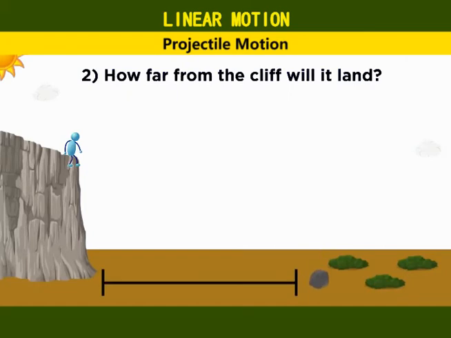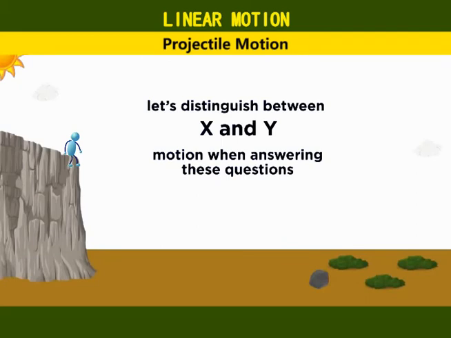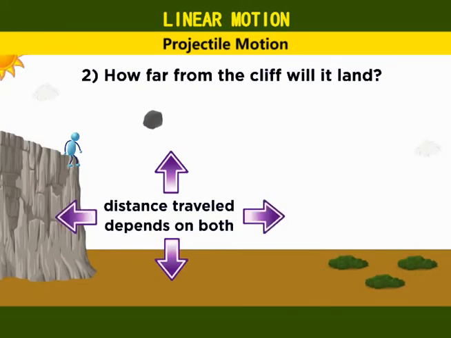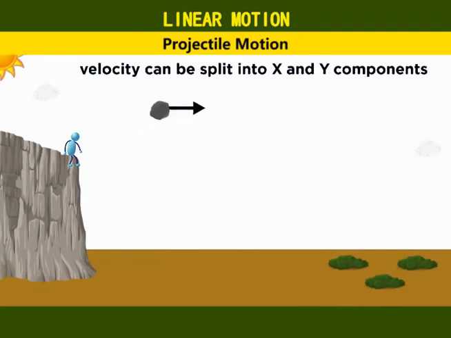Let us first distinguish between the vertical and the horizontal motions. The time of flight only depends on the vertical motion, no matter what the horizontal velocity is. The range depends only on the horizontal velocity and the time it spends in the air. And the velocity at any moment can also be split into components.